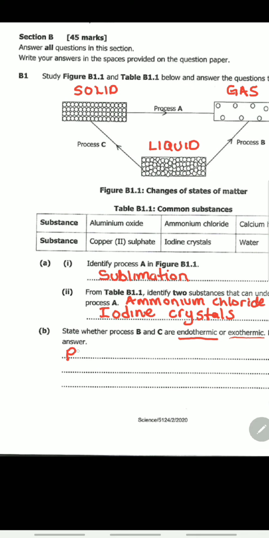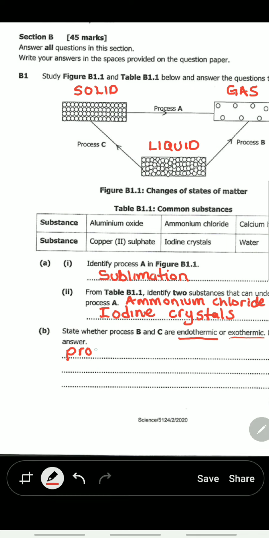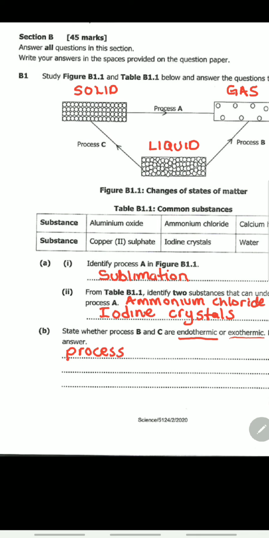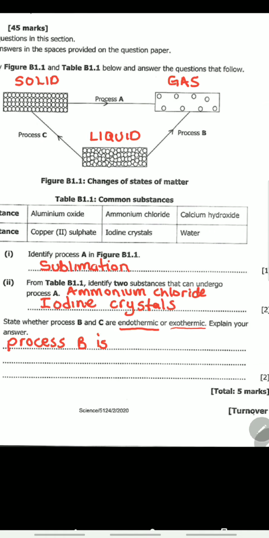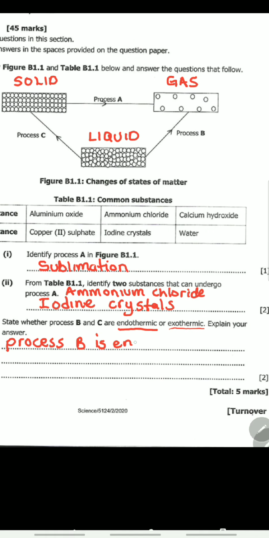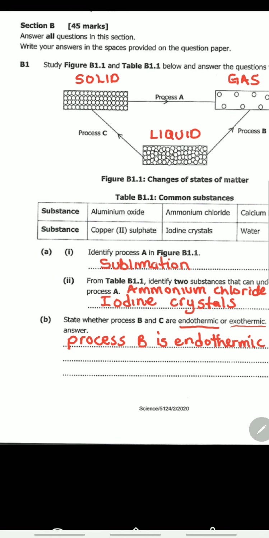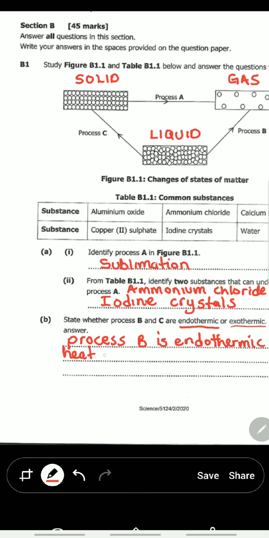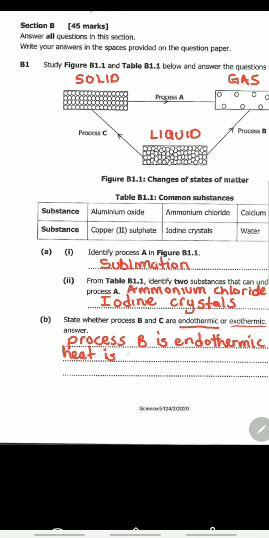So we say process B is endothermic, because heat is absorbed.